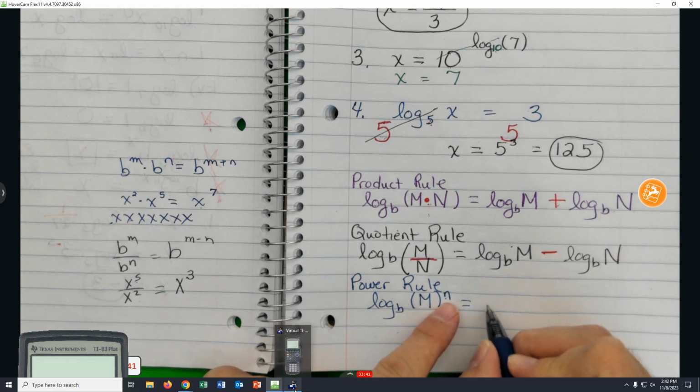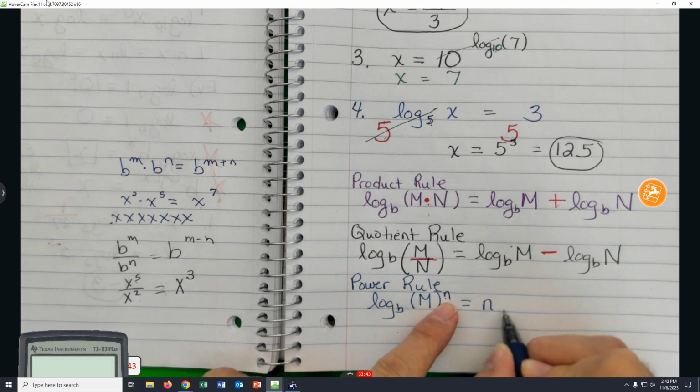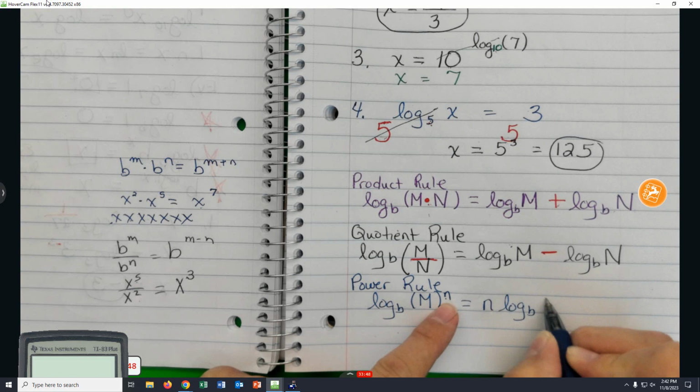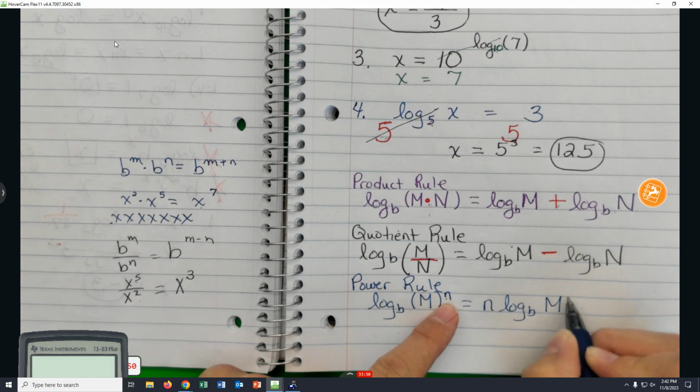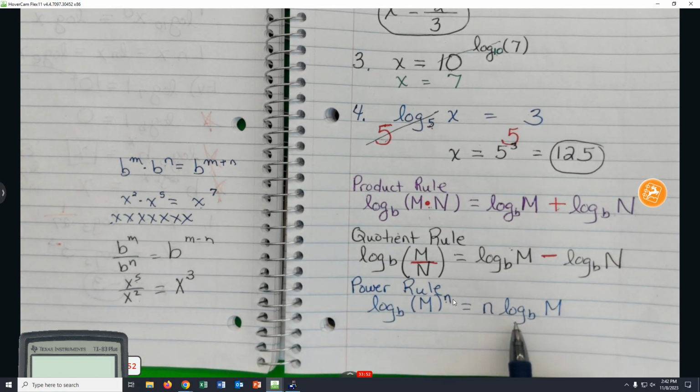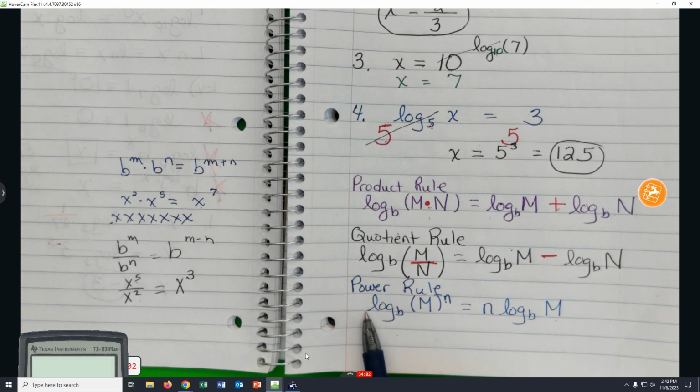You can move it down in front and write it as multiplication. So it becomes a coefficient. N times log base b of m. The power rule says you can take the exponents and move them in front of the log. And that's a direct result of the power rule of exponents.